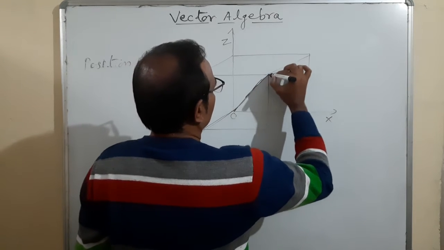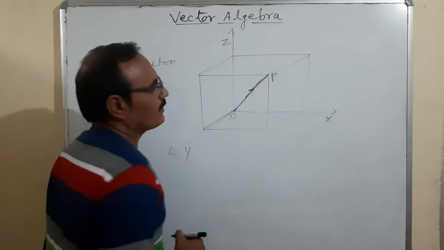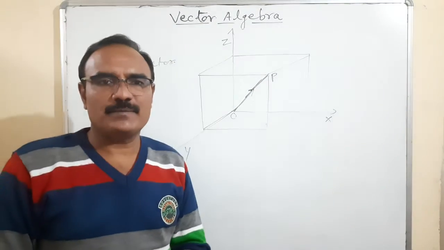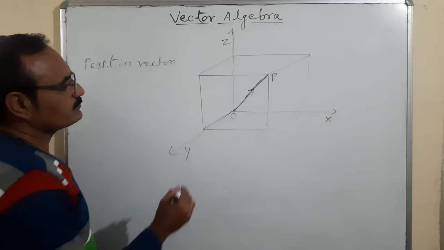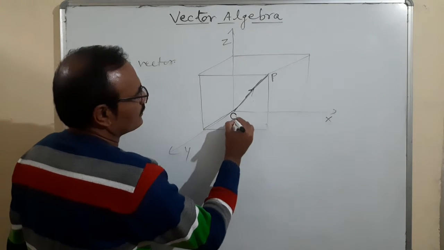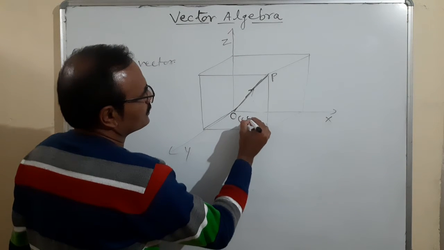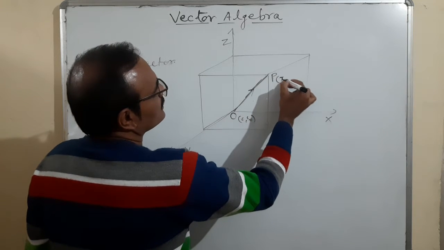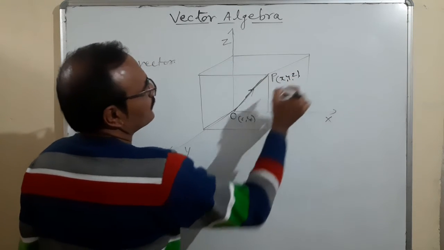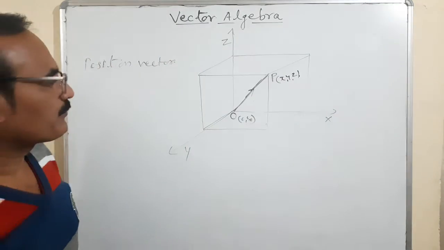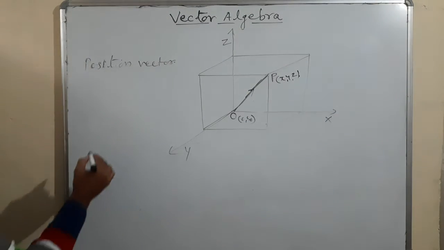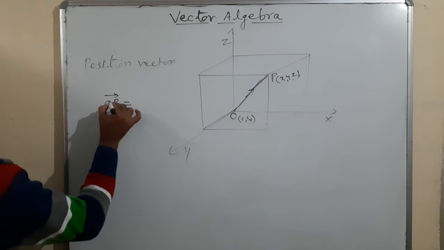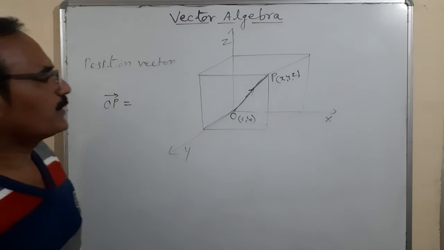From O to P. When we are going from O to P, that means what happens? The point O is 0, 0, 0. And this point, suppose it is X, Y, Z. Right. So OP is a vector OP.